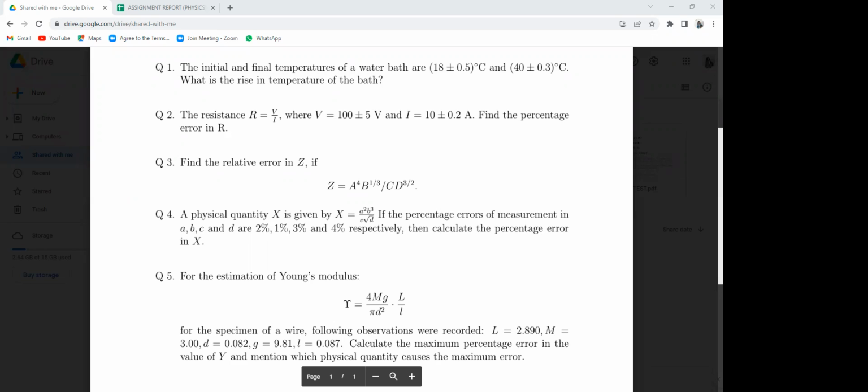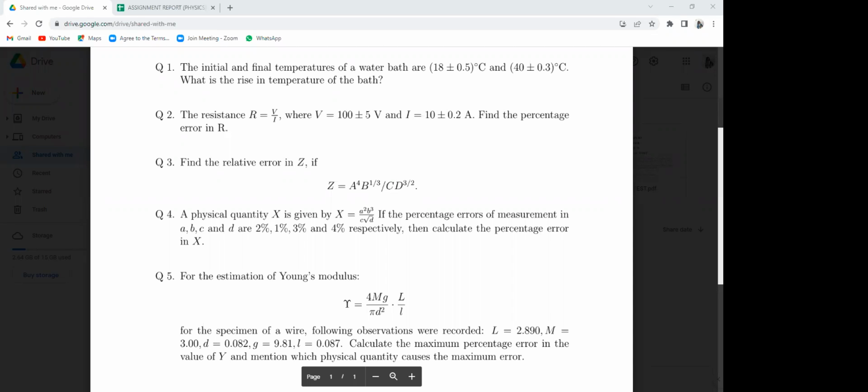In the third question, since values are not given to you, just write how you will solve it. Like z is equal to a to the power 4, b to the power 1 by 3 divided by c multiplied by d to the power 3 by 2. All these are already given. So if these are given, how will you solve it had the values been given?